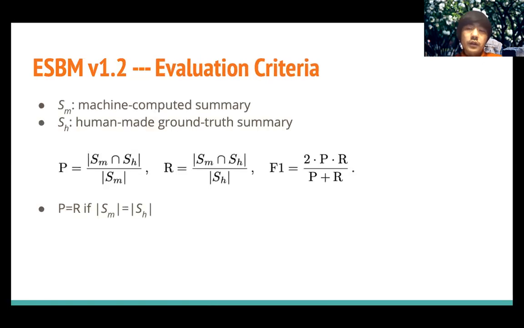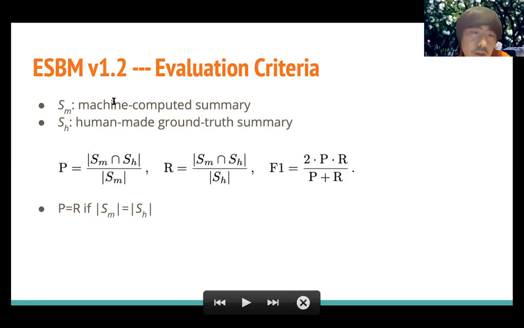For the evaluation metrics, we just follow the popular information retrieval metrics, that is precision, recall, and the F measure. So we compare a machine-computed summary with a human-made ground truth summary by computing the F score.